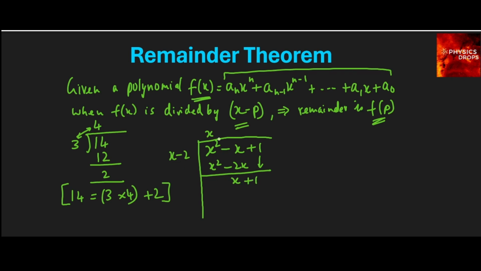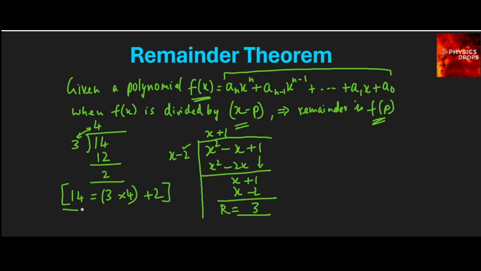Again, x times plus 1 gives x here, minus 2 times 1 is minus 2. So then when we subtract, x goes off, 1 minus of minus 2 is 1 plus 2, which is 3. So we get a remainder, let's call it r, equals 3.